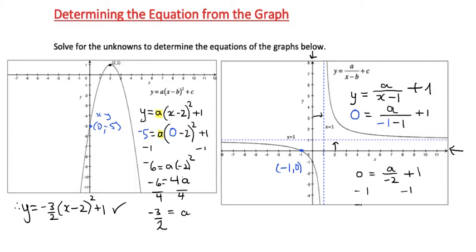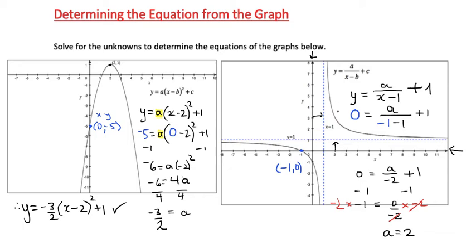So this is now going to be -1 is equal to a over -2. And last step, we're just going to multiply both sides by -2, resulting in a of positive 2.